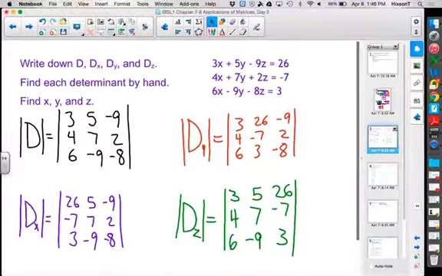You said we could use our calculators for the other one. For like the determinant.